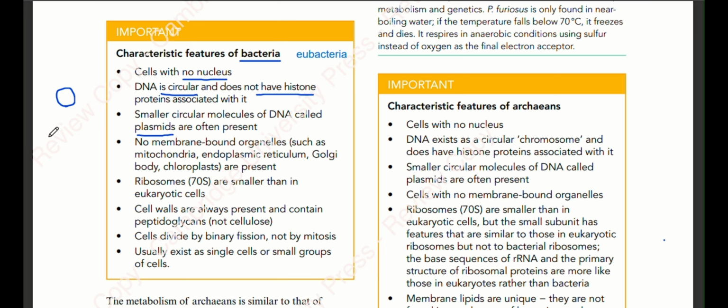Now, if I can simply show you a simple bacterial cell, you can have the main DNA, and then you can have small circular DNA, which can be small and many. So we call them plasmids. I'm sorry, I think I should erase this part.